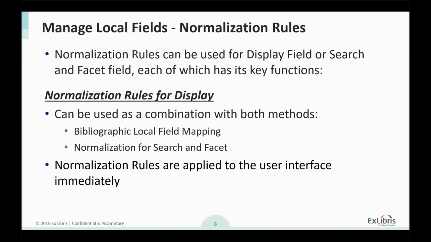We calculate and use the normalization rules that the customer creates and customizes in real time, at search time. So no need to recalculate the data. It's just to create the normalization rule, apply the rule, and then you can immediately use it in the discovery in Primo VE.